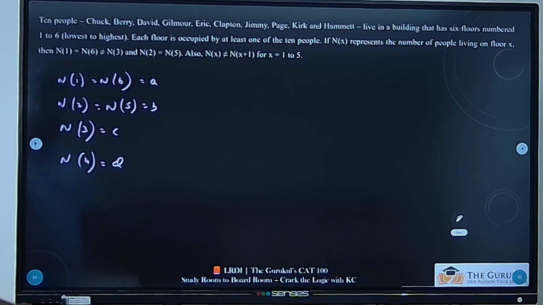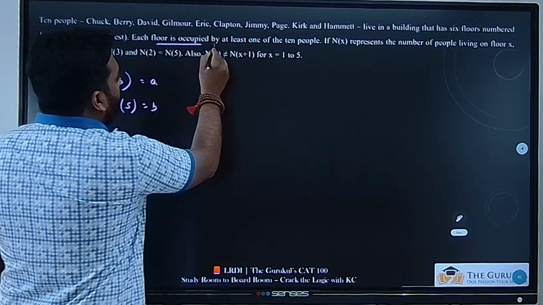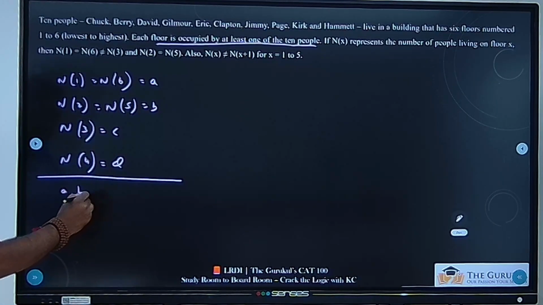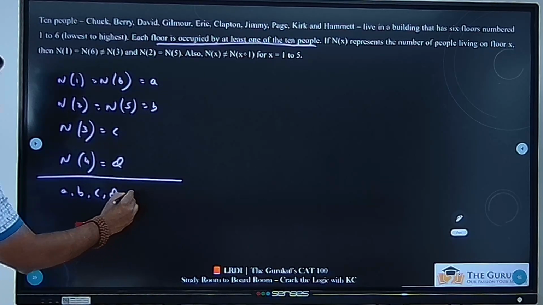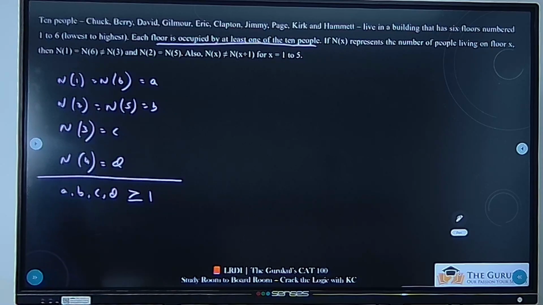Okay. Now, first thing we can say, each floor is occupied by at least one of the 10 people. So A, B, C, D, all these values are greater than or equal to 1. We can't have any value which is less than 1. That is the first thing. Now, second part.